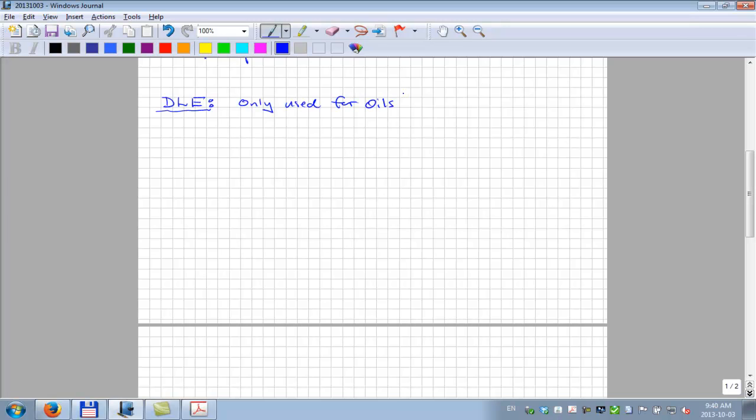Because the constant composition expansion test measured what? It tells us that the saturation pressure type is a bubble point. Okay? So that we have a bubble point and not a dew point. That's how we know that it's an oil.